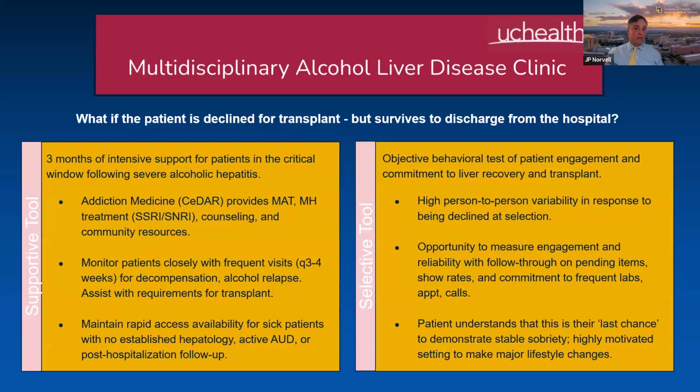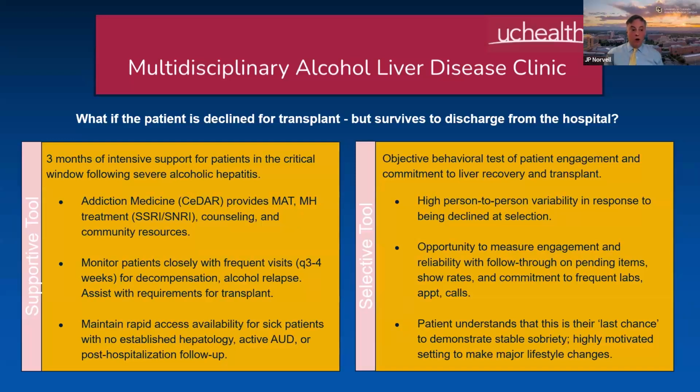For patients not suitable for transplant who are either still using or recently sober, one mechanism for follow-up, and for helping them with their AUD and connecting them with therapy literally right there in our clinic, is to come to this alcohol liver clinic, which you can also refer your patients to specifically.